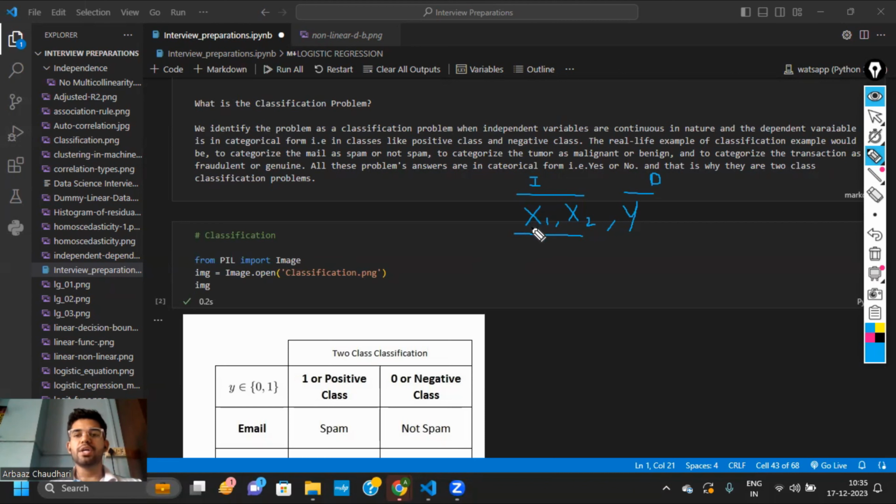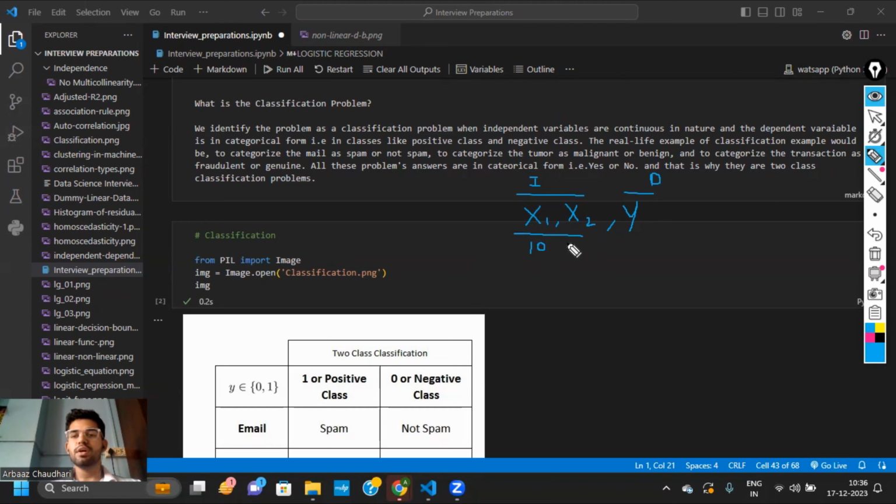Suppose x1 is your IQ, and in x2 there is CGPA. So these two features have values in a continuous form.